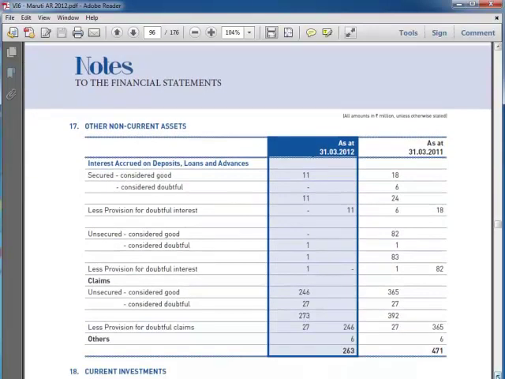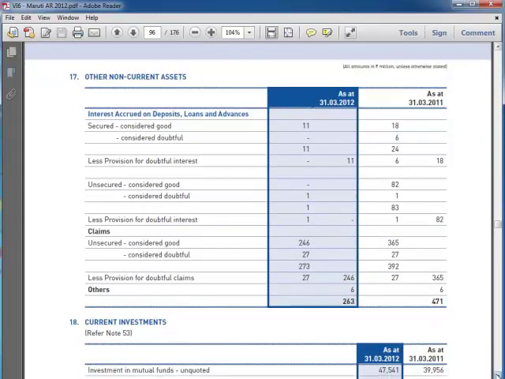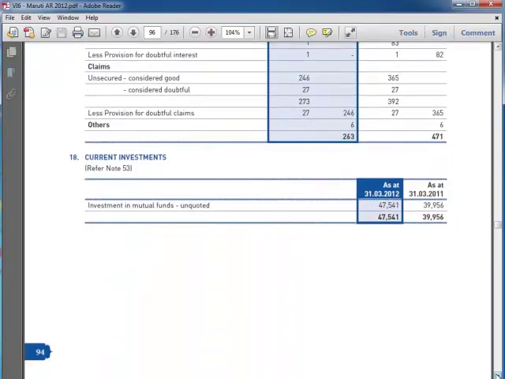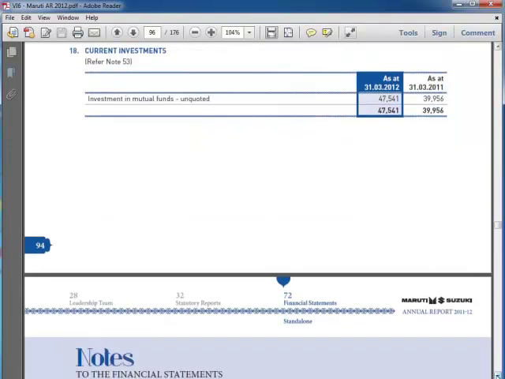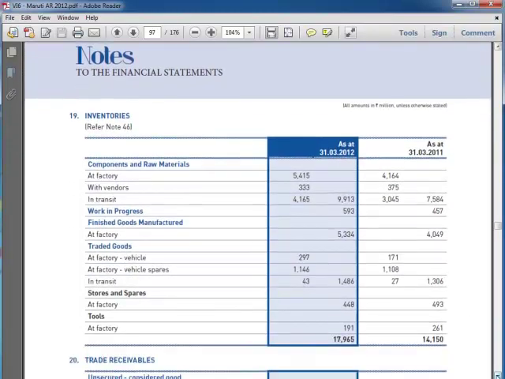Point 17 is non-current assets, so what non-current assets comprise, and this is fairly small. Point 18, current investments, so investment in mutual funds is quite significant. Then we have point 19, inventories, and this breaks up their inventories and also tells us where those inventories are, so at the factory or in transit.